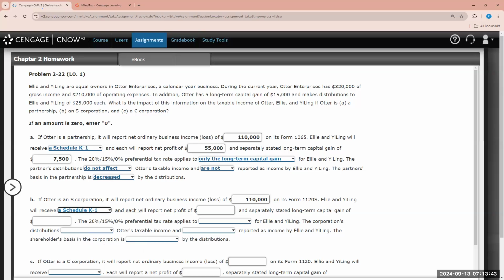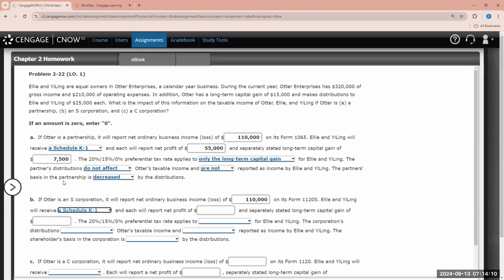One of the key differences, however, is that for a partnership, they'll receive Form 1065 K1, and for an S corporation, they receive Form 1120S K1, right? But for the most part, it's fairly similar. They report the income, the deductions, the gains and the losses for the shareholder.